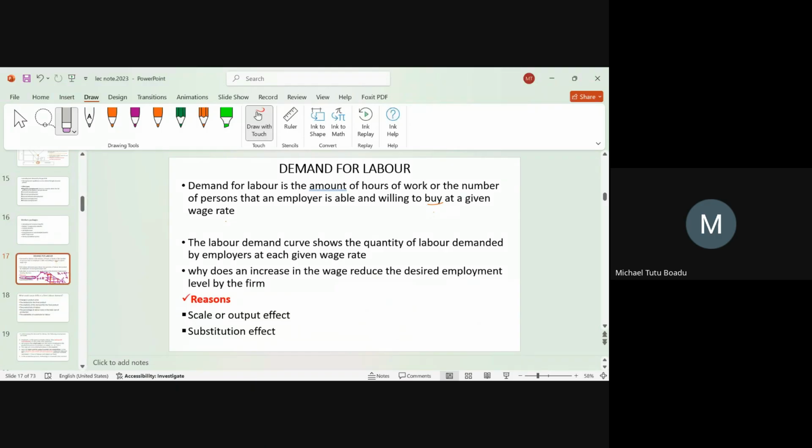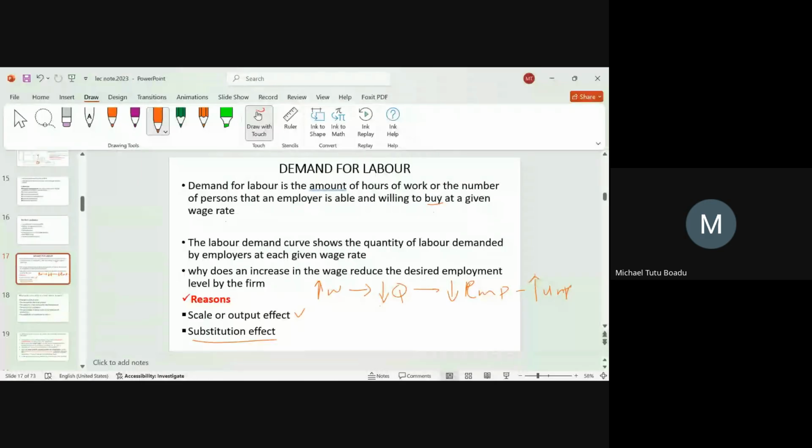So an increase in wage rates will lead to a decrease in output or production, what we call the scale effect. And once production is reducing, then I have to reduce the number of people that I will employ. So employment will fall, or there will be an increase in unemployment. Unemployment will rise.